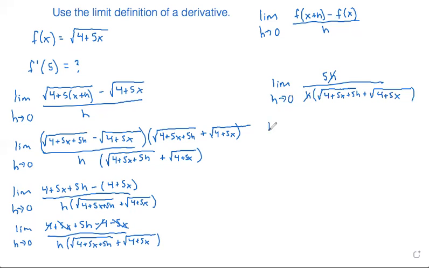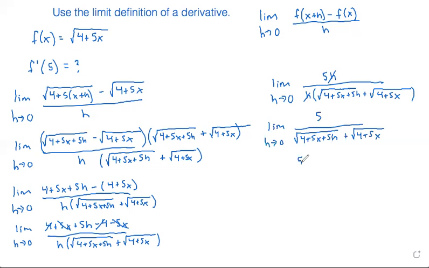So now what I have is the limit as h approaches 0 of 5 over the square root of 4 plus 5x plus 5h plus the square root of 4 plus 5x. And now, since plugging in a 0 no longer makes my denominator go to 0, I can plug in a 0 for every h in my function.